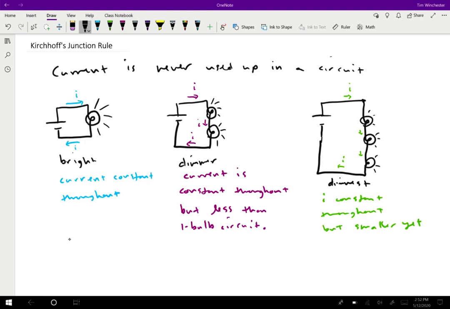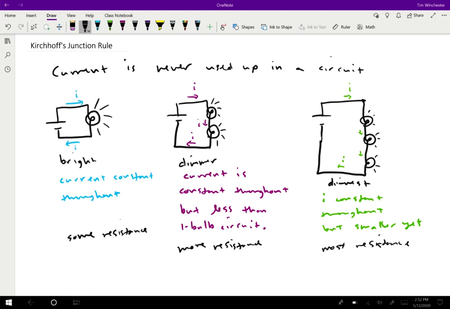We have some resistance when there's one bulb, more resistance if there's 2 bulbs, and the most resistance if there are 3. Quite literally, the bulbs are resisting the flow of current. They're making it harder for current to flow, which means less current flows.